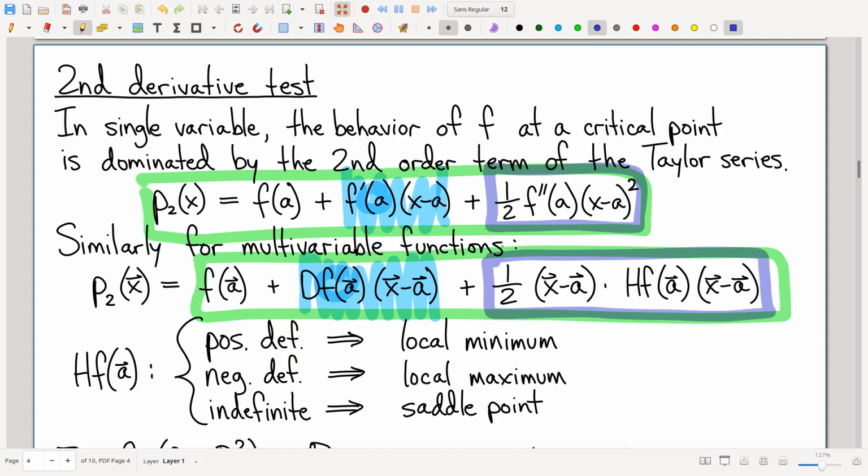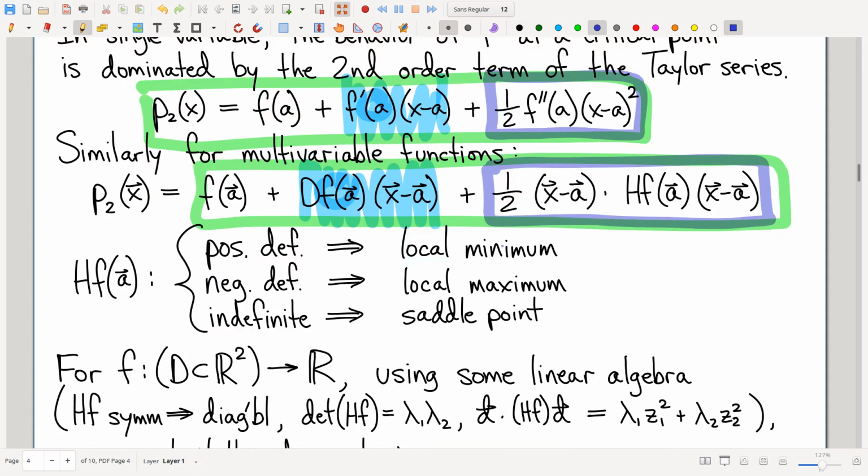And y'all may recall, one of the big things you talk about when you look at quadratic forms is when is a quadratic form positive definite or negative definite or indefinite. And these correspond with these conclusions. If this matrix, and thus this quadratic form, is positive definite, this term's always positive, well, then it's uniquely bigger everywhere nearby your point, and you are looking at a minimum. That makes sense to everybody?